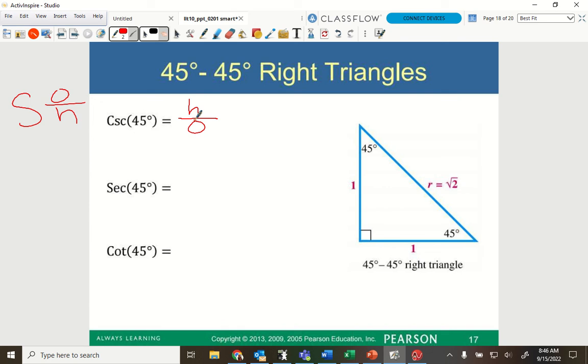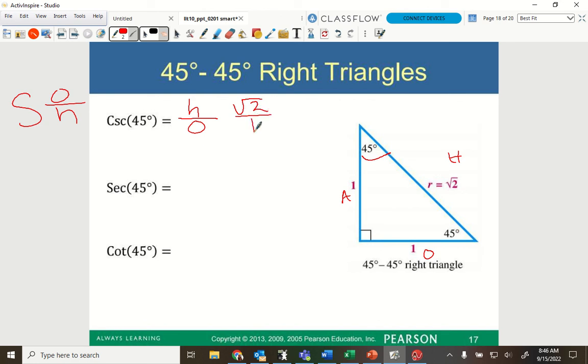What's the hypotenuse in this triangle here? Hypotenuse is across from the right angle, right? Opposite is down here. I'll call this one opposite, this one is my adjacent, and this one is my hypotenuse. So I get rad 2 over 1.